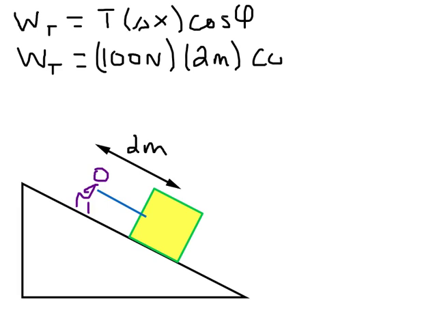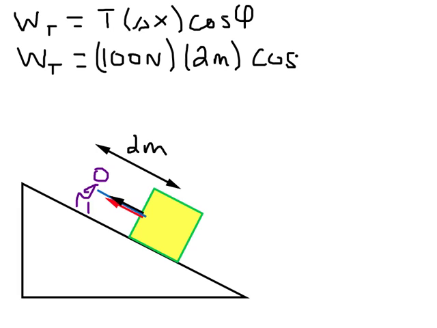And then for the cosine, we need to decide what angle we're using. We're kind of used to going after the angle of the incline, but in this case, the angle we want is the angle between the force vector, which would be here along the tension, and the displacement vector, which is here up the ramp.